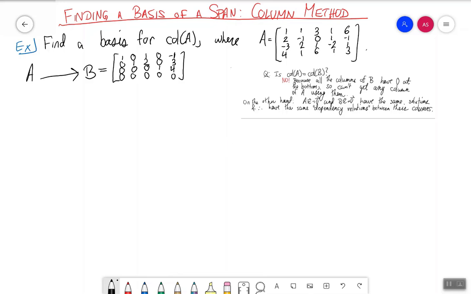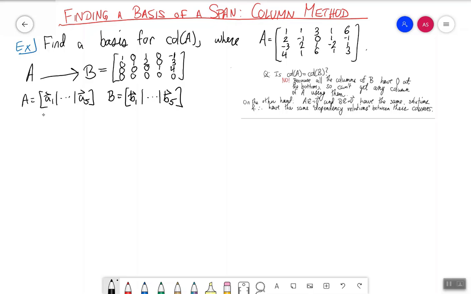Next thing I want to do to make talking about things a little bit easier, I don't want to keep referring to the columns by what's in them, so let's write the columns of A as A1 through A5, and the columns of B, let's call them B1 through B5.